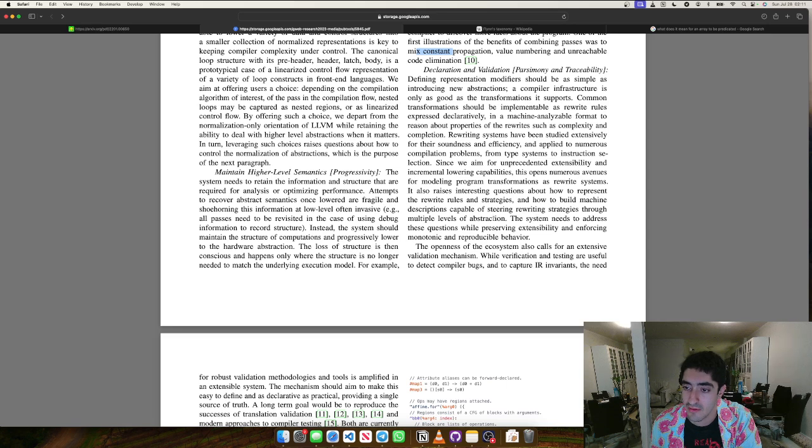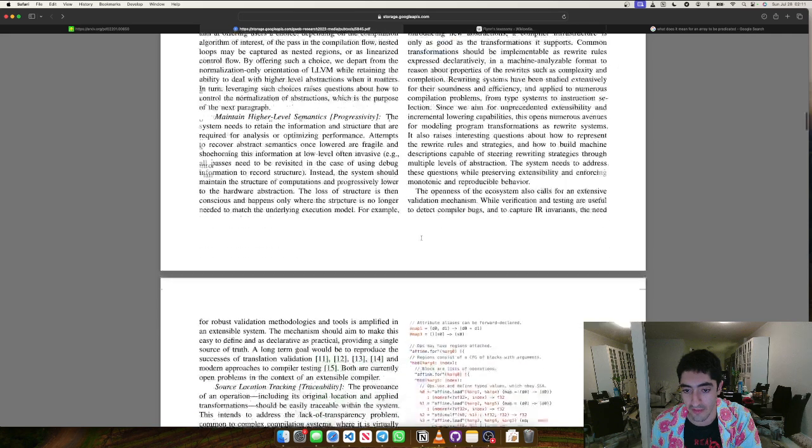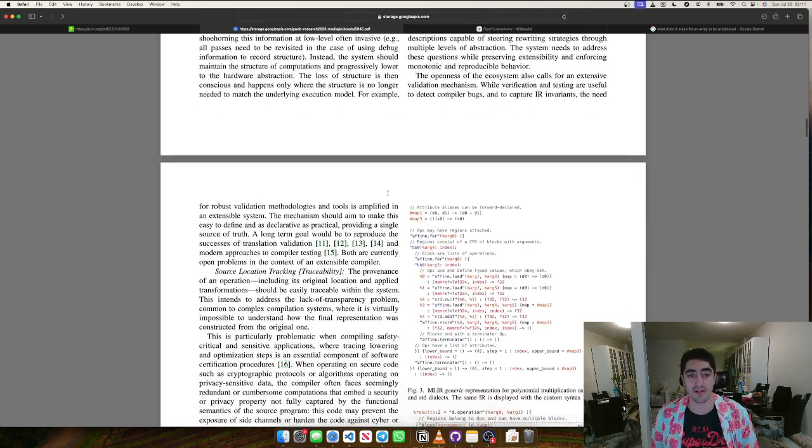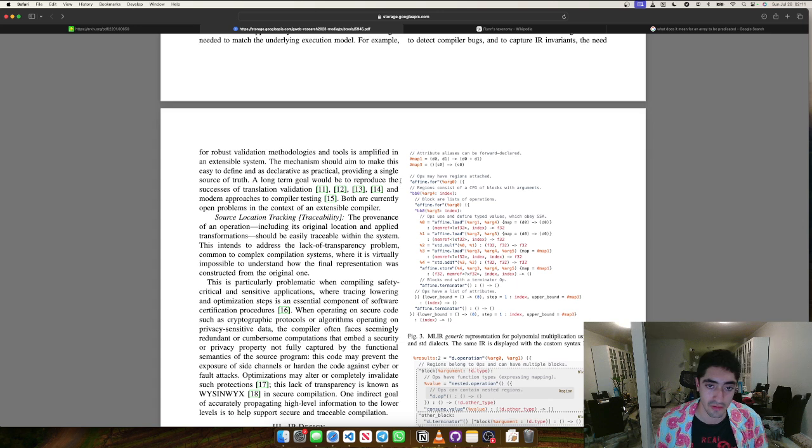The system needs to address those questions while preserving extensibility and enforcing monotonic and reproducible behavior. The openness of the ecosystem also calls for an extensive validation mechanism. While verification and testing are useful to detect compiler bugs and to capture IR invariants, the need for robust validation methodologies and tools is amplified in an extensible system.